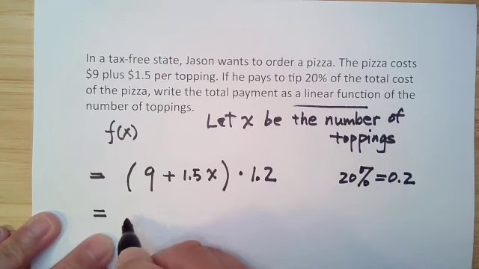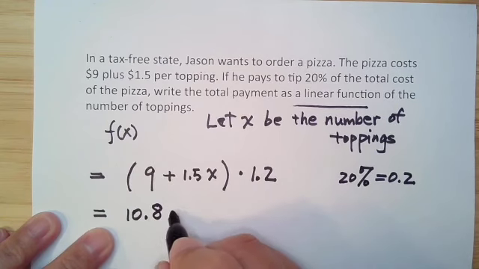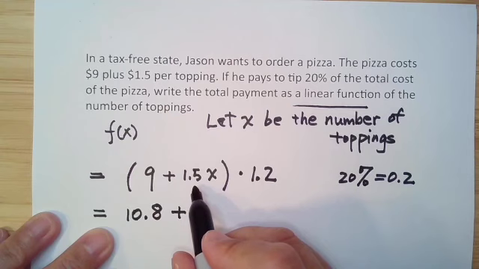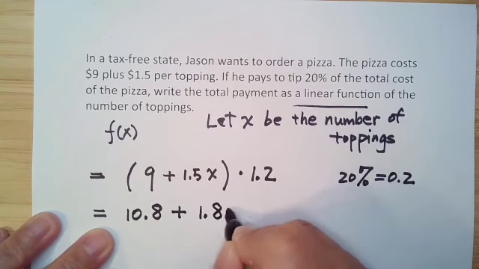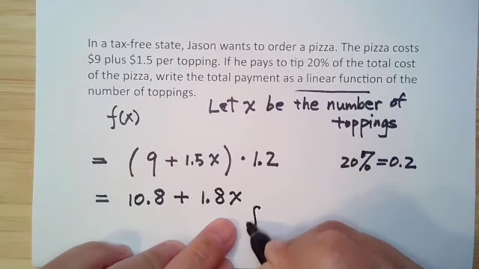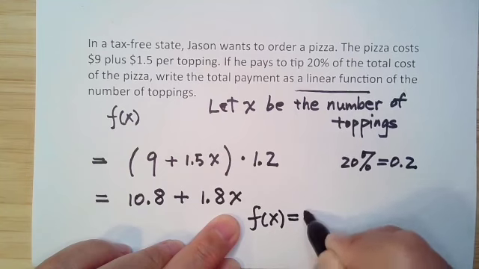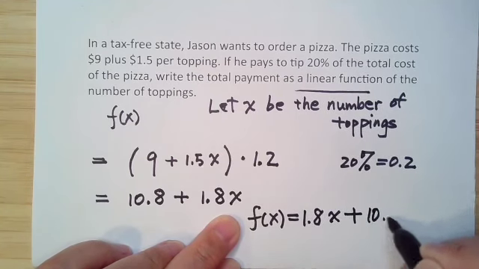So 9 times 1.2 is 10.8, then plus 1.5 times 1.2, which is 1.8x. All right, so your solution will be this: f of x equals 1.8x plus 10.8.